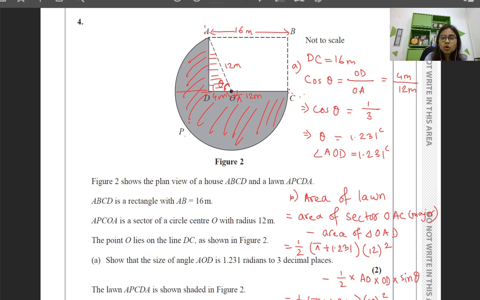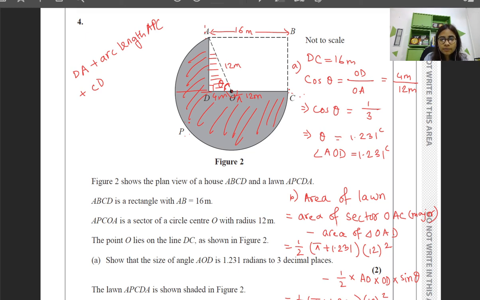If you look at the lawn, what are the sides that are bounding the lawn? One is the side DA, then the arc length APC, then plus the side CD. So these are the three sides that are bounding the entire lawn.